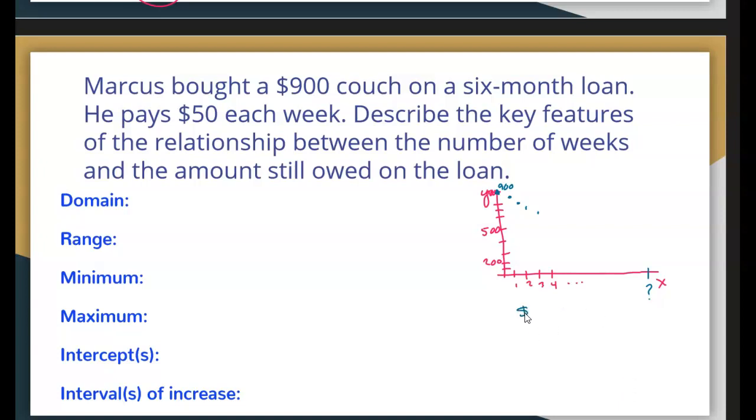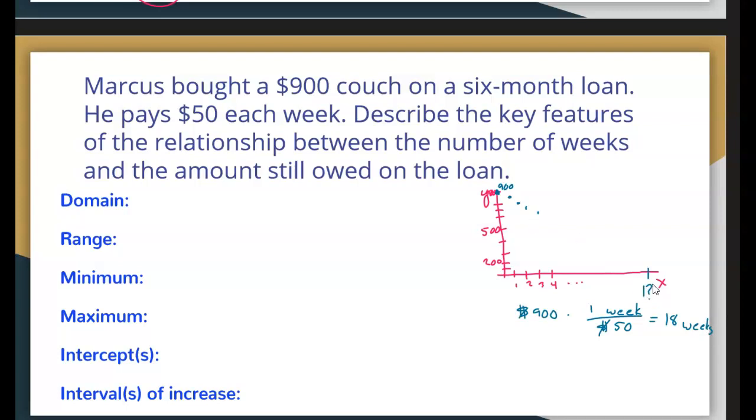Well, he owes $900, and he's going to pay $50 per week. So if we multiply that by 1 week over $50, the dollars cancel, and I do 900 divided by 50, we get 18 weeks is the units we have left, so 18 weeks.